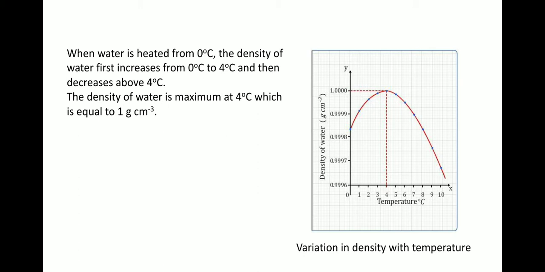As you see the graph going up, it shows the increase up to 4 degrees Celsius, and then on further heating it decreases above 4 degrees Celsius. Now the density of water is maximum at 4 degrees Celsius, which is equal to 1 gram per cubic centimeter.